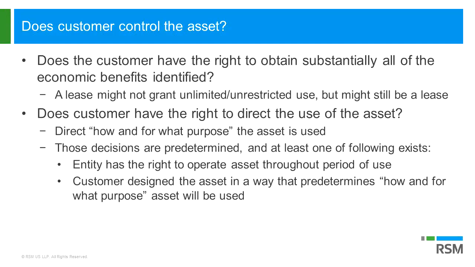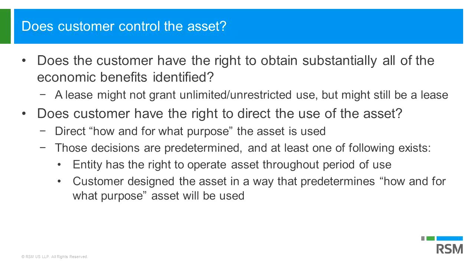Direct is determined as how and for what purpose. Typically, this will be predetermined in a lot of instances, and that does not preclude that from being directed by the lessee.